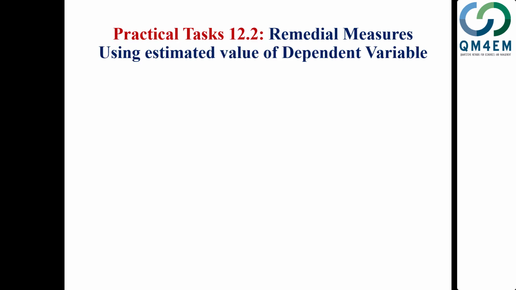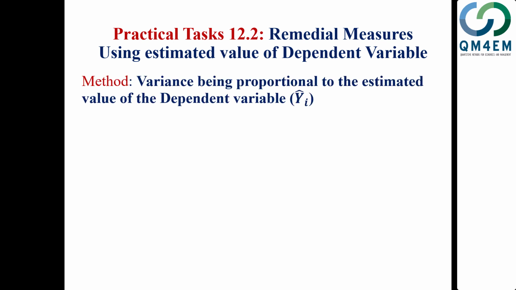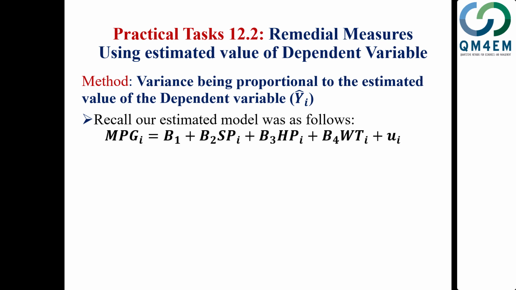In our previous lecture, the last topic was that I asked you to use the remedial measure of heteroscedasticity that is based on the dependent variable's forecasted value. All I asked you was to run a model of the data in which mileage per gallon was regressed on the top speed, on the horsepower, and on the vehicle weight.